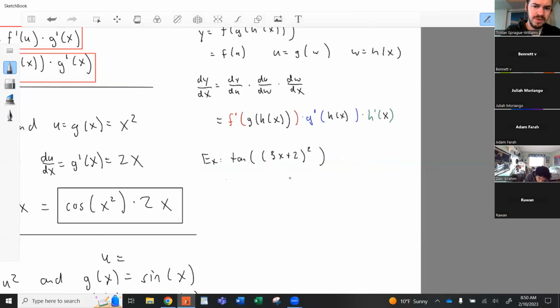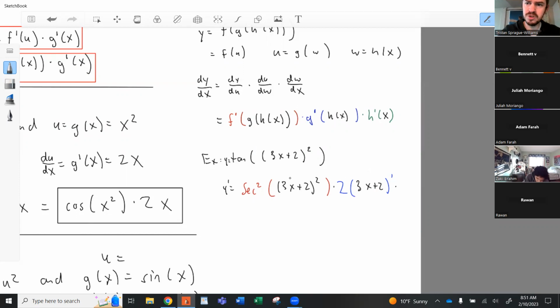The derivative of that, y prime here, is going to be the derivative of tangent, which is secant squared. Let's do it in red. Secant squared, with all that stuff still in there, 3x plus 2 squared. And then you multiply by the derivative of the squaring function, which is 2 times that stuff to the power 1, with the 3x plus 2 still in there.